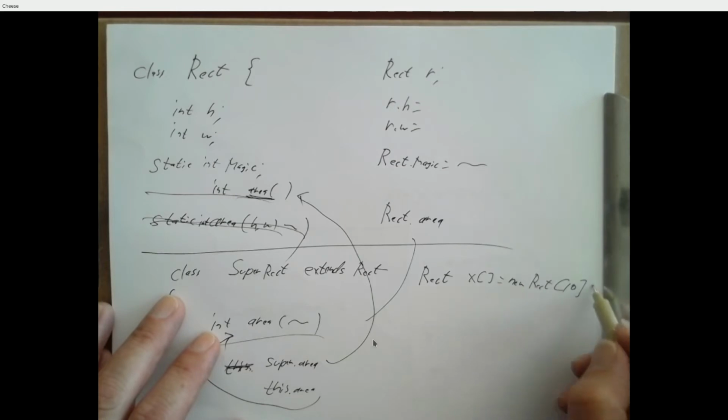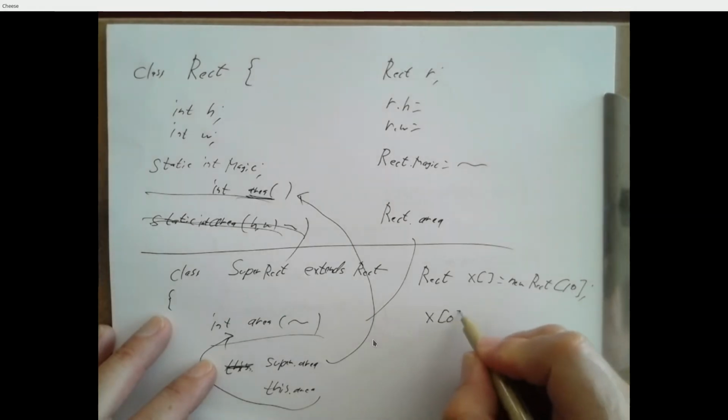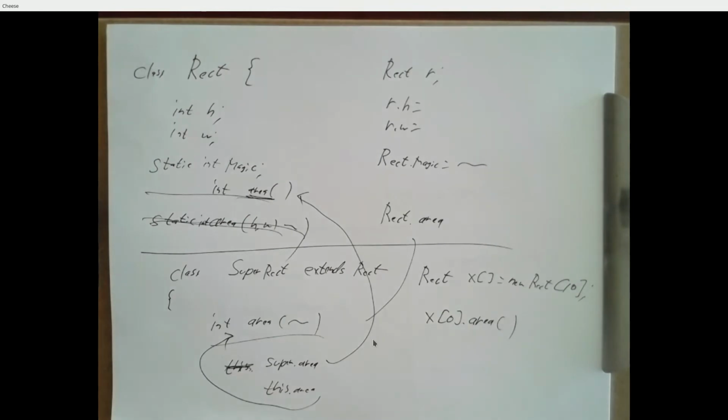When you do this, you construct an array X, okay? But if I try to do X bracket 0 dot area, I'm going to get a null pointer exception, right?